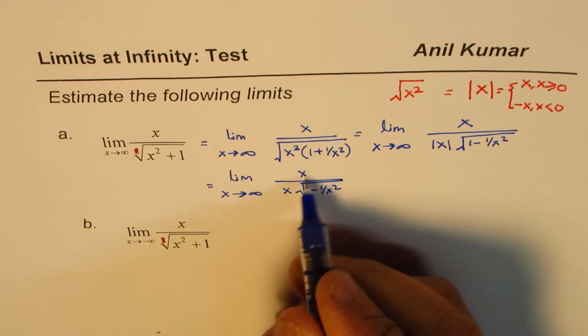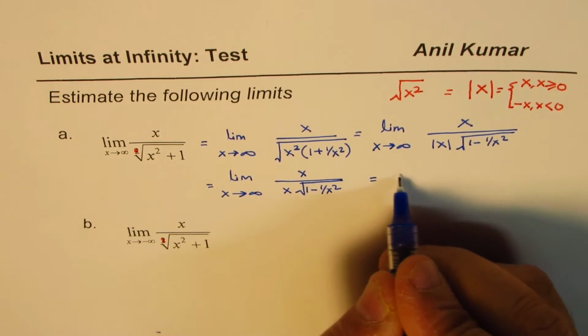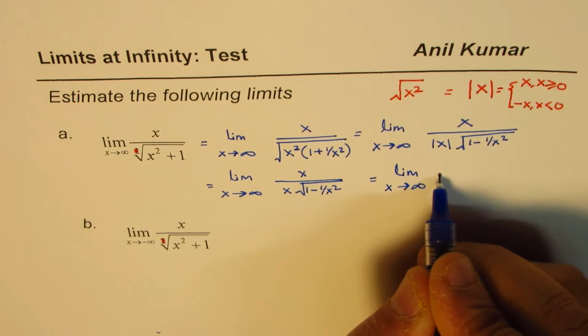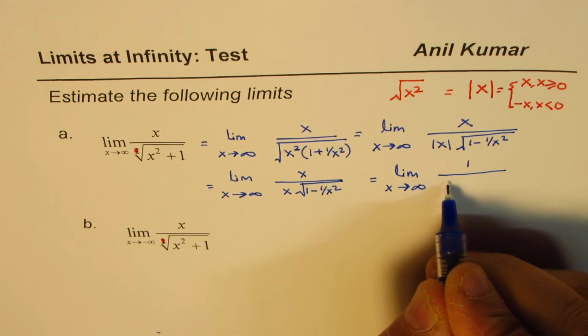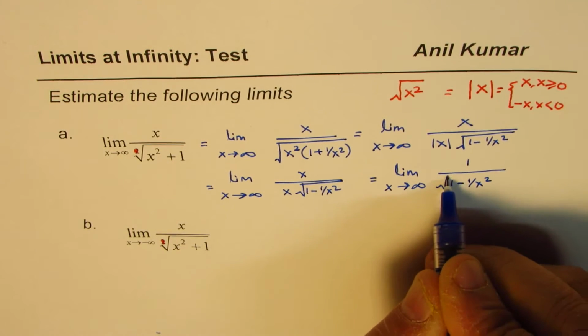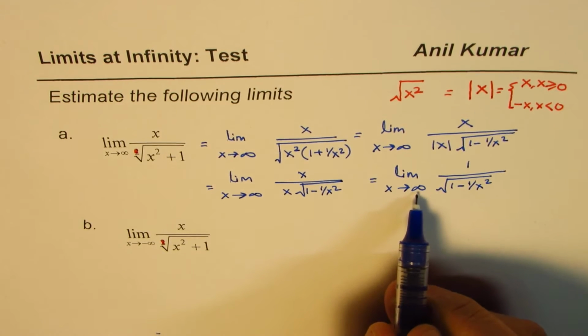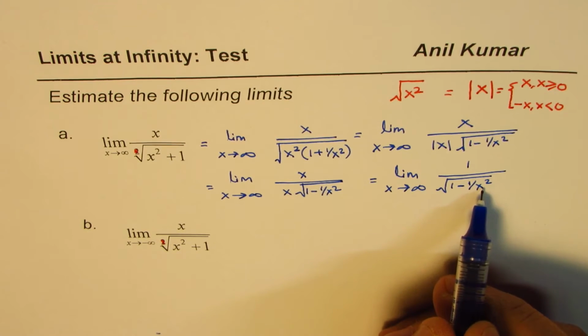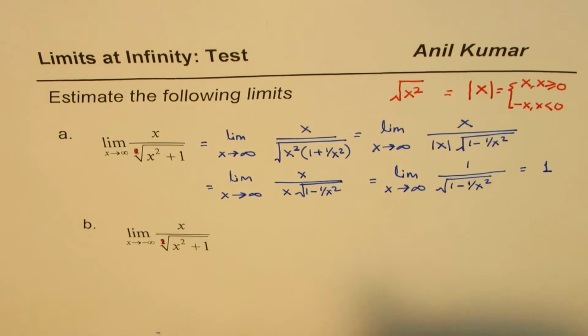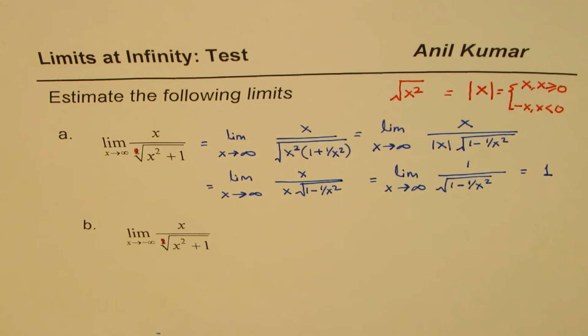Now you can cancel these x's, right? So what you get here is limit x approaches infinity, 1 over square root of 1 plus 1 over x squared. Now if x is approaching infinity, 1 over x squared approaches 0. So what you really get here is 1. Do you see that? 1 over square root of 1. So that is our answer.